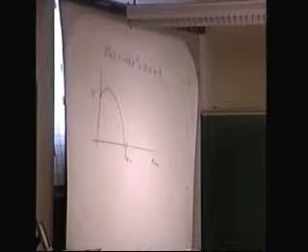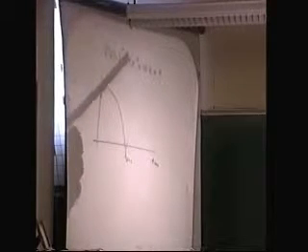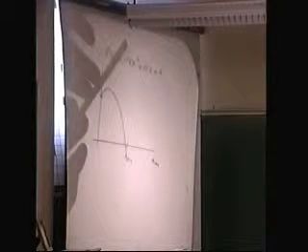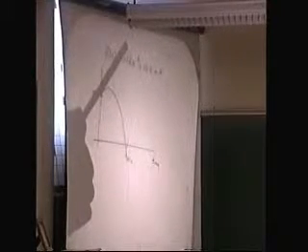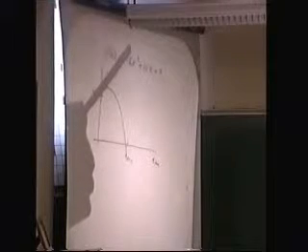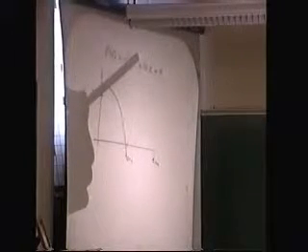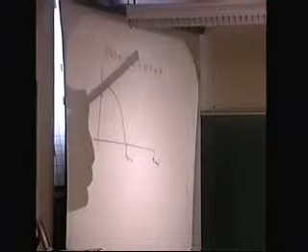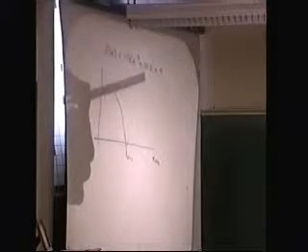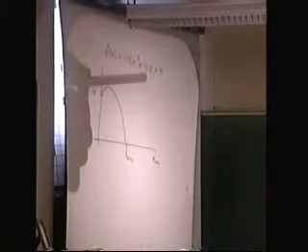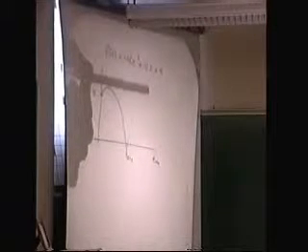Take a look at the tangent line as I start out. It starts out kind of steep, doesn't it? And then the tangent line tends to get smaller. The slope is getting smaller, isn't it? What happens at the very top of this curve? Horizontal.